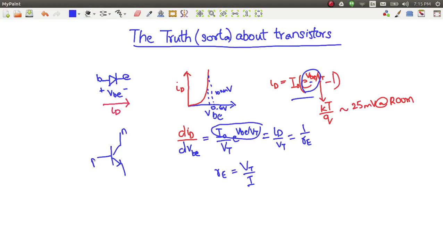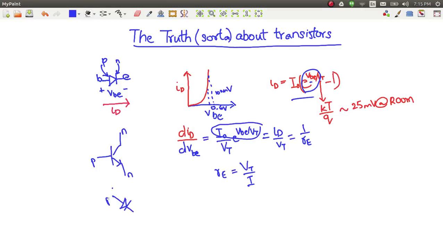This reflects P-type material, this is N-type material, this is your P-type material, and this side is your N-type material. So this is actually a diode, and we have been forward biasing a diode.